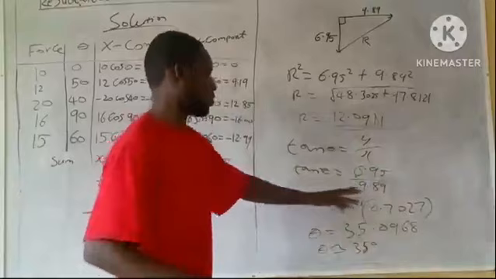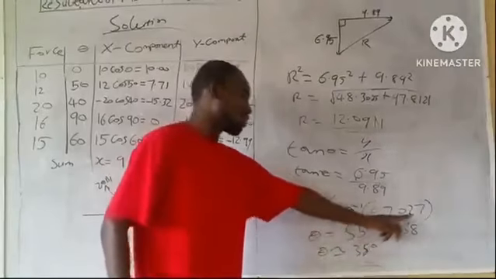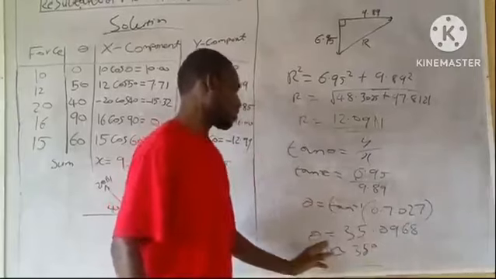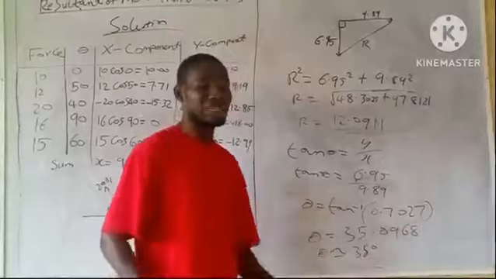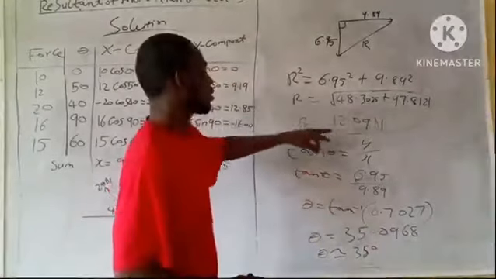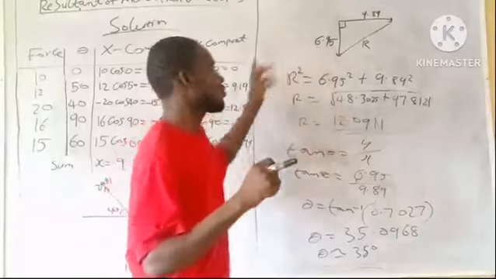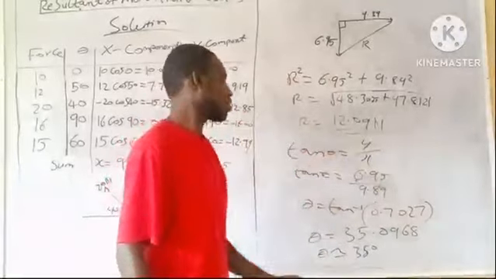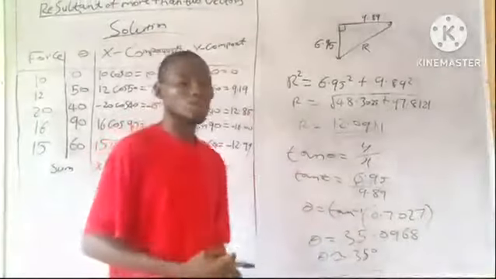So if you break it down, take tan to this side, then theta is tan inverse of 0.7027, which will give you 35.09. Approximately, theta is 35 degrees. Now 12.09 is the magnitude of the 5 vectors, the resultant vector, and then theta is the direction of the vectors.